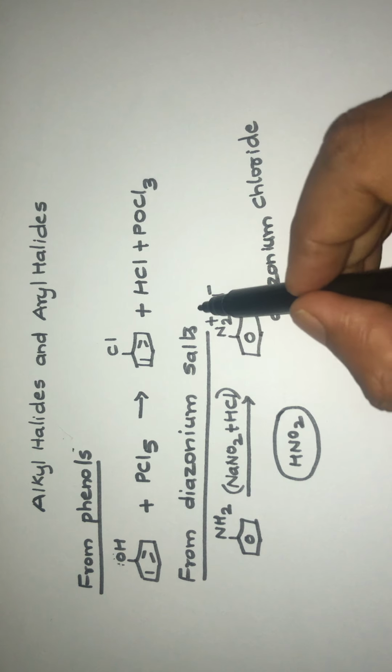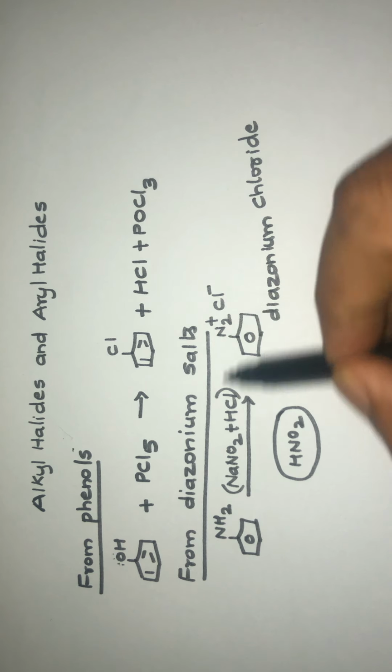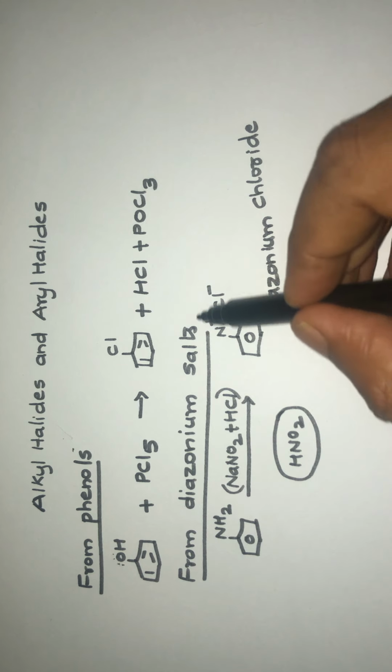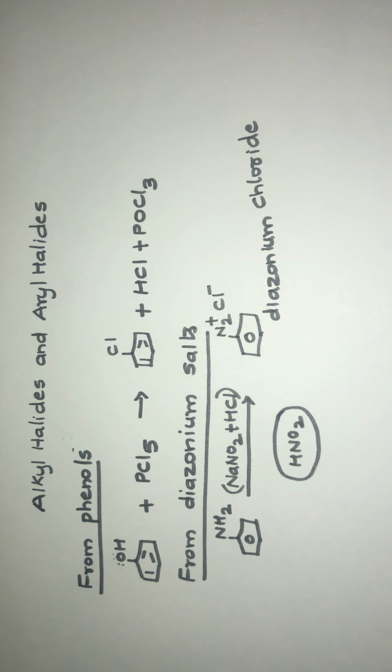So replacement of the N2 group is very easy. Hence amines are converted into diazonium salts, and then nucleophilic substitution is carried out. You can prepare haloarenes from diazonium salts. This is a very important method of preparation.